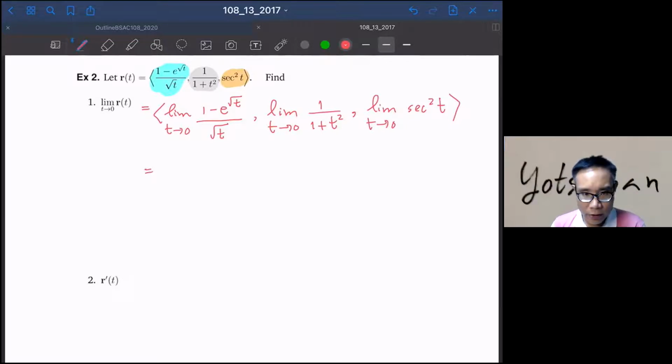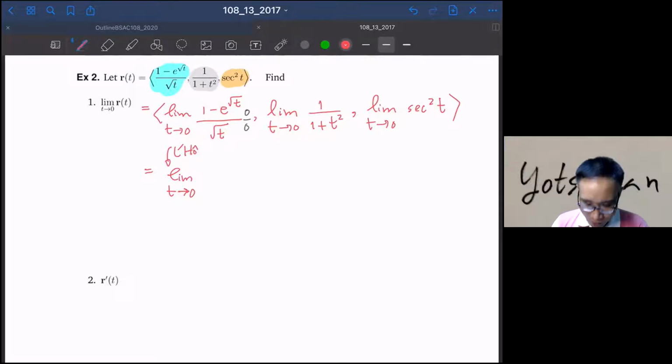You see that here you get 0 over 0, so you're going to use L'Hopital. To compute the first limit, we use L'Hopital with the limit as t goes to 0. In order to use L'Hopital, you differentiate the top and the bottom.